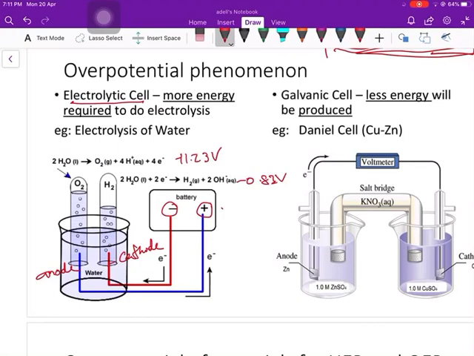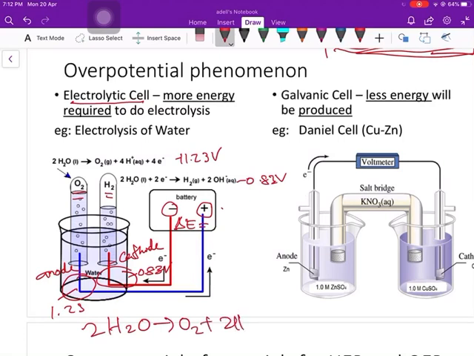So at the cathode, the voltage that should be supplied is 0.83. At the anode, theoretically 1.23. So the difference here is the voltage required to produce hydrogen and oxygen for electrolysis of water.